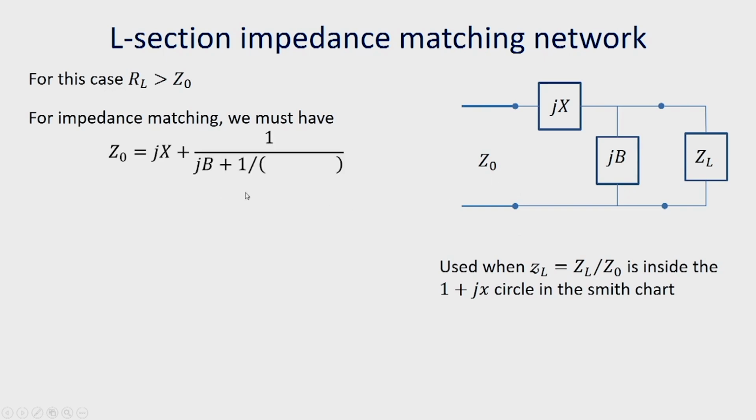So, we will have Z naught equal to jX plus the parallel combination of jB and ZL, and 1 by ZL can be added to jB, and then the reciprocal of this entire term can be added to jX, and that has to be equal to Z naught.